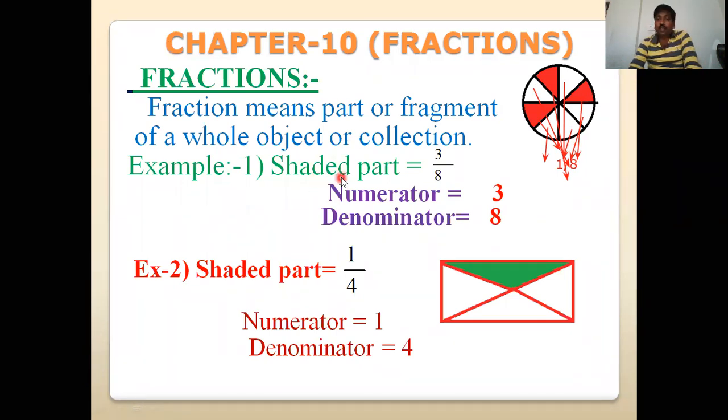If we want to write the shaded part of this whole, here we see how many shaded parts there are: 1, 2 and 3. So we will write 3 above this line. This is called the numerator, and 8 is the total number of parts which makes the whole.